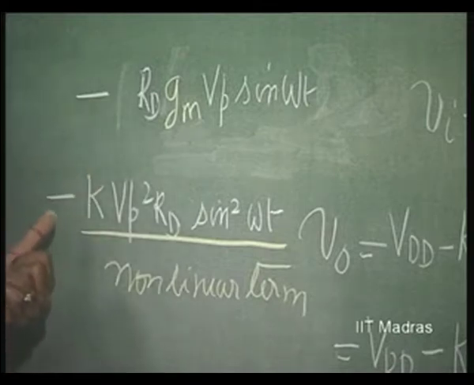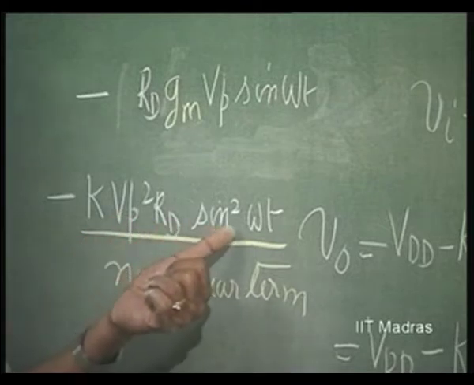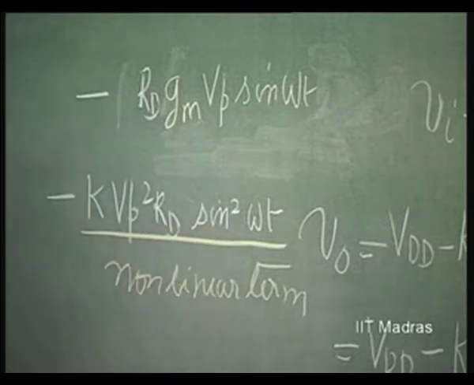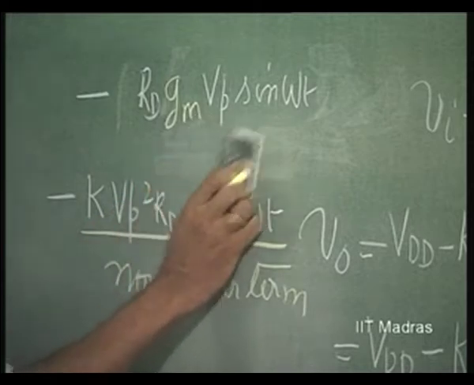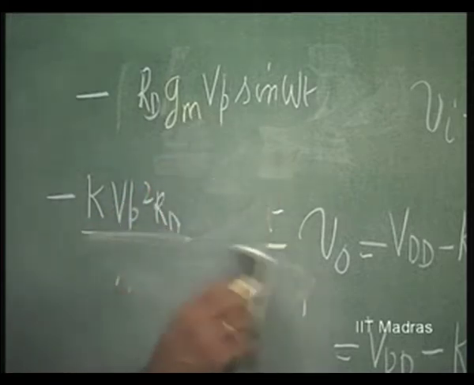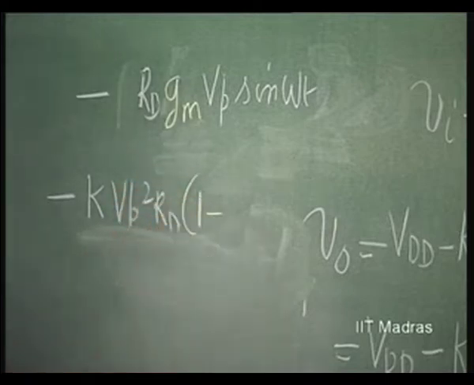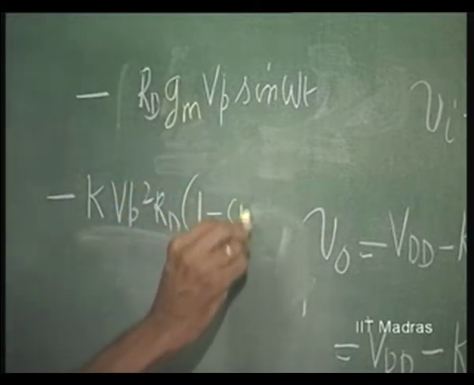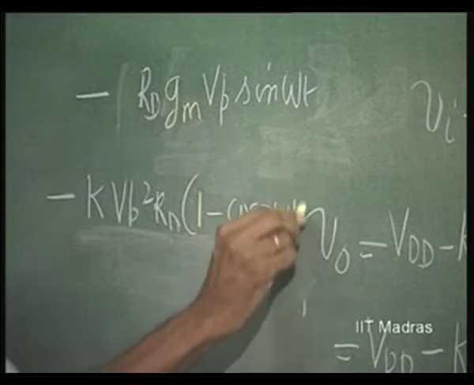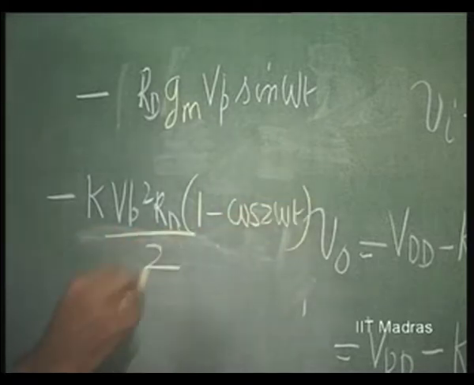Next we have minus k times Vp squared Rd squared sin squared omega t. Sin squared omega t can be expanded as what? 1 minus cos 2 omega t, by 2.